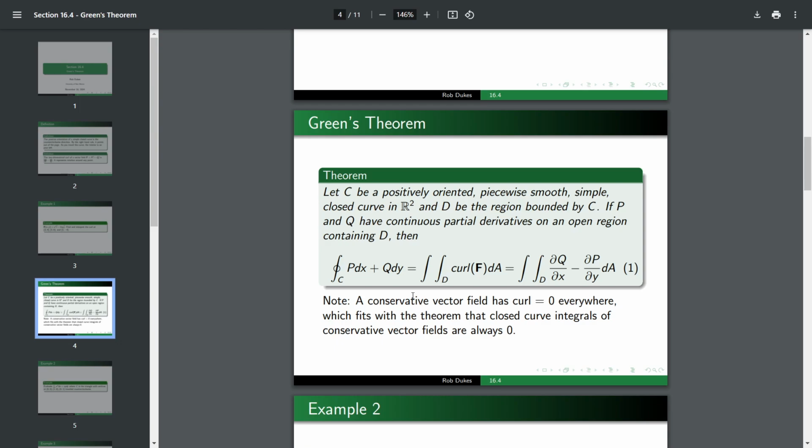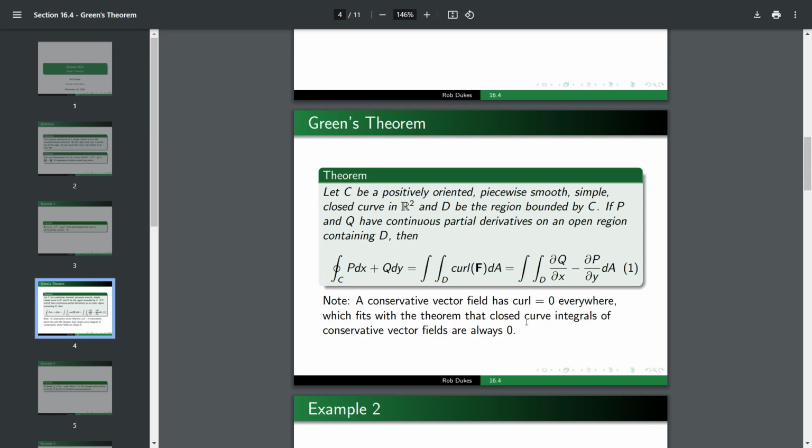Now notice that if it's a conservative vector field, this was the expression we used to tell if a vector field is conservative, if these two pieces were equal, which would mean the curl would be 0. Conservative vector field has curl 0 everywhere, and so that would mean that the integral would also be 0, which would mean the line integral would be 0.